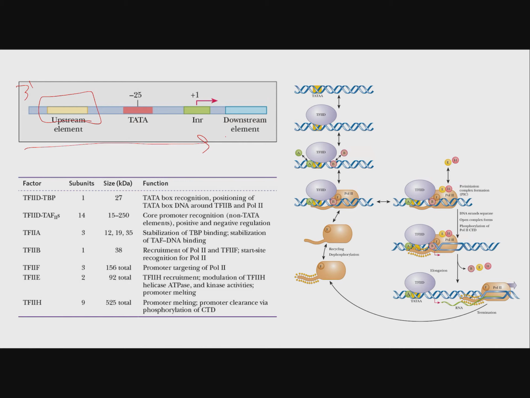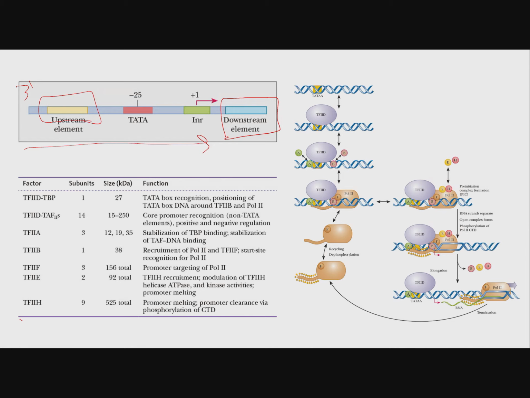There are initiator elements. These are loosely conserved sequences around the transcription start site. And then there's a downstream regulator. These are more rare than upstream regulators, but this is a regulator that's happening within the gene as opposed to upstream of the gene. All right, so we're going to need to initiate transcription.